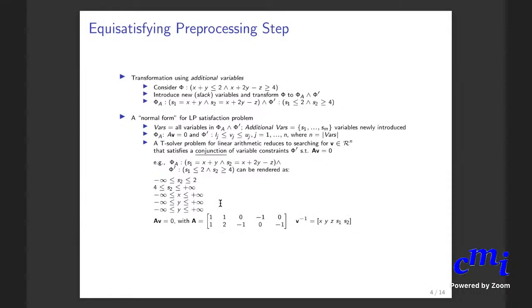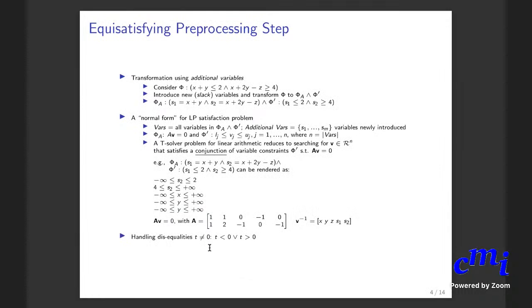You could express them as a matrix, which has one row for every newly introduced variable, with the appropriate coefficients, multiplied by the column vector x, y, z, s1 and s2, which includes the newly introduced variables. Sometimes you just keep these as equations equating the newly introduced variables to the terms that appear.